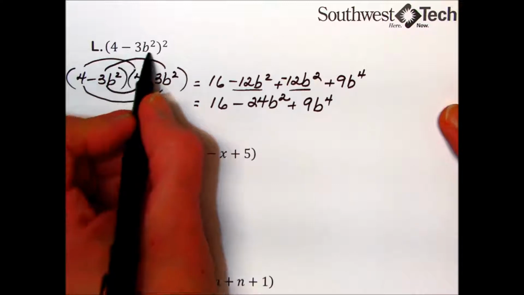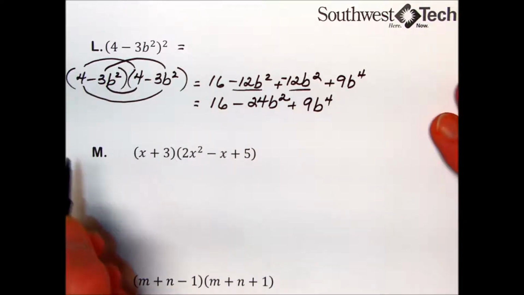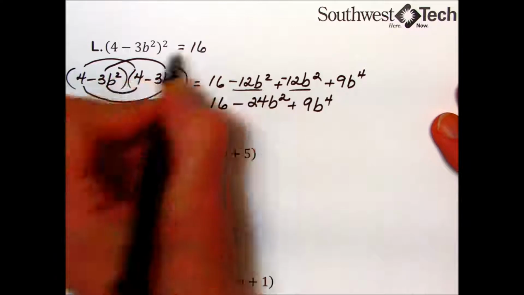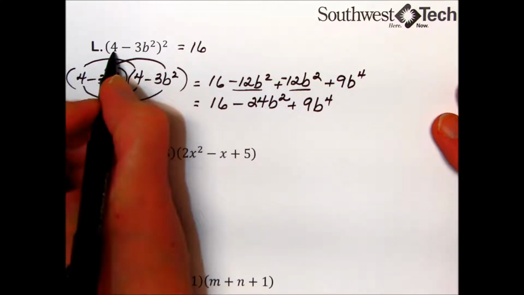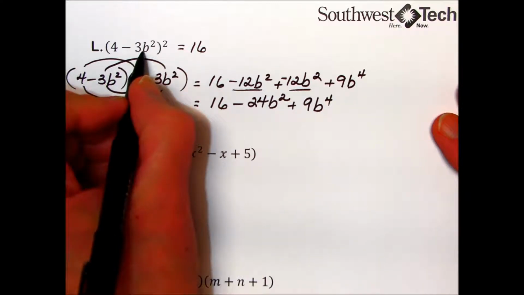The shortcut is when you have a binomial squared, if you recall from a couple problems back, I can square the first term. 4 times 4 is 16. To generate the middle term, you multiply these two together. So we have a positive times a negative, which is a negative 12b to the second, and double that.